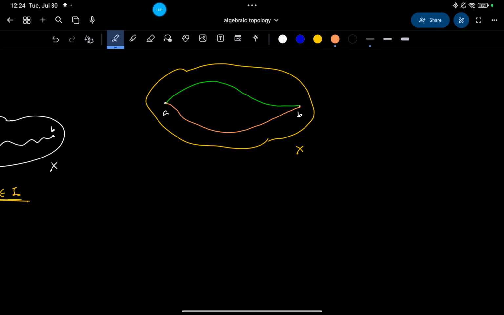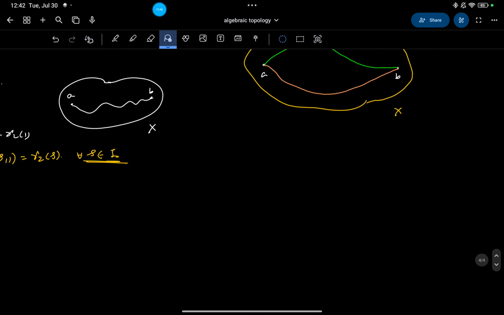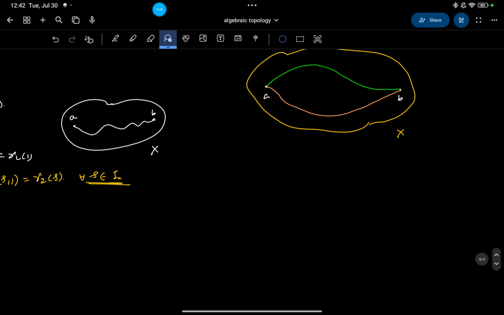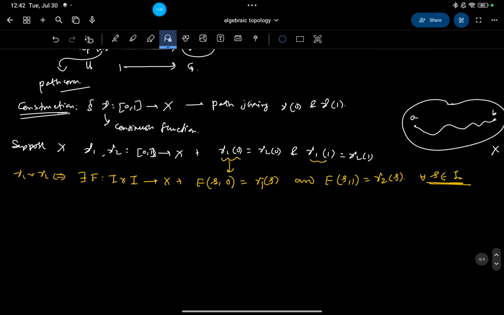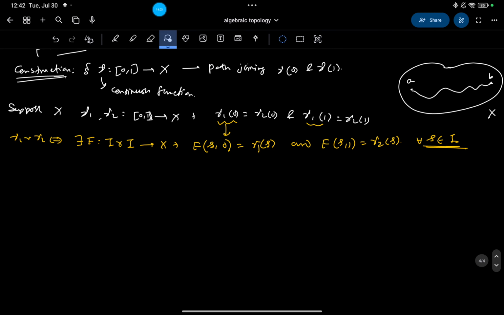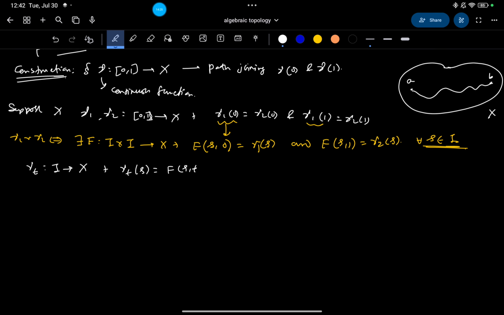Then each gamma t will be the following. Suppose we define gamma t as a mapping from I to X, such that gamma t(s) equals f(s, t).